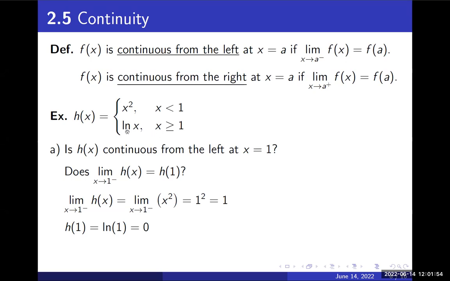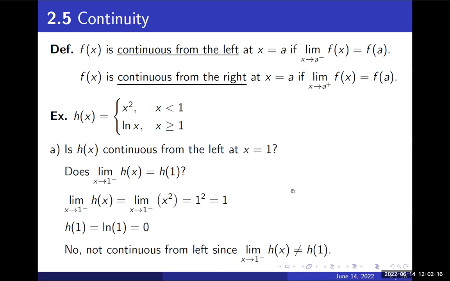We need to use the natural log of x because that is where x can equal 1. And it turns out that the natural log of 1 is equal to 0. So is h of x continuous from the left at x equals 1? No, it's not continuous since those did not equal each other, 1 versus 0.